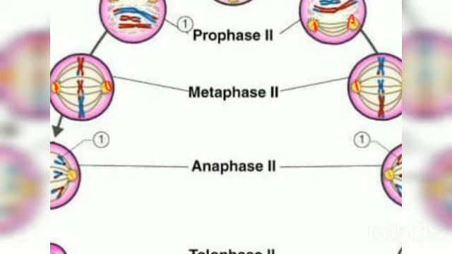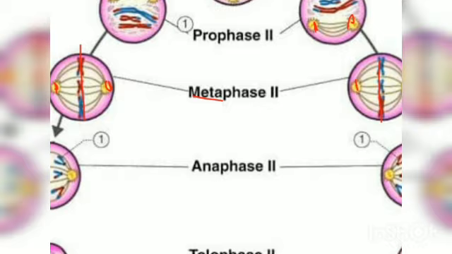Arrangement of the chromosomes along the equatorial plane occurs. Metaphase means they have to come to the middle plane, or equatorial plane, or equator of the cell. Then the two sister chromatids of each chromosome face opposite each other. The centromere of each chromosome gets connected with the chromosomal fibers or microtubules from the pole.